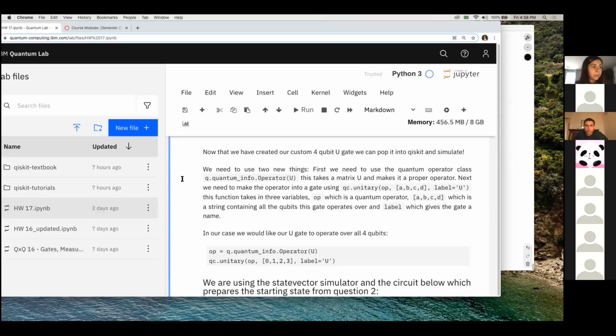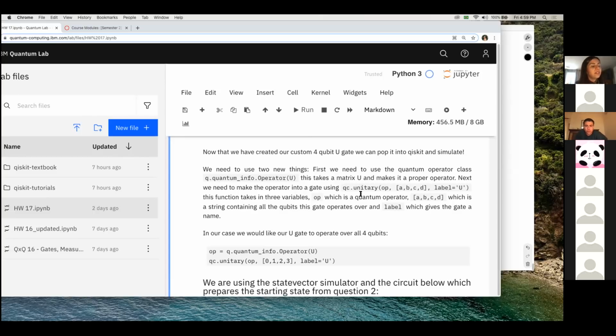It takes a matrix U, that's the one we defined, but could be another matrix that we would define in a different way, but it happens that we're gonna use matrix U, and makes it a proper operator.